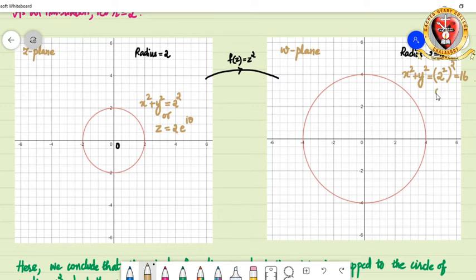Okay, so here the radius is 4, so the set of all points of the image set can be written as z is equal to 4 e raised to I theta. So this is what happens when the function f of z is equal to z square is applied to the set of all points on this circle. So hope you have a better picture now.